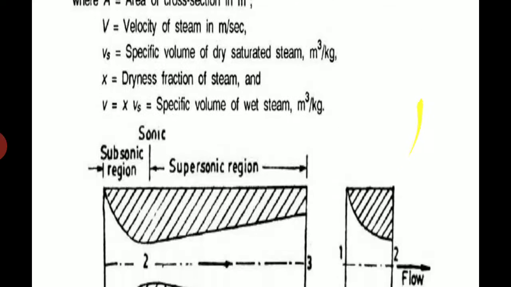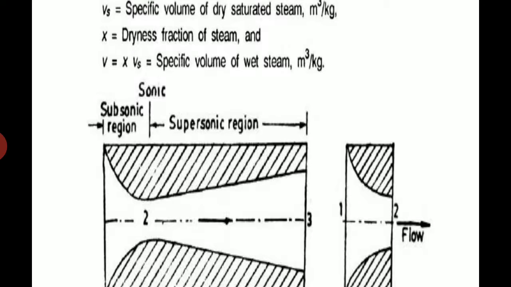See the difference? If the factor V by X Vs increases with drop in pressure, the cross-sectional area should decrease, and hence a convergent shape is used. The decrease of the factor V by X Vs with a drop in pressure will require increased cross-section area to maintain mass flow rate constant.